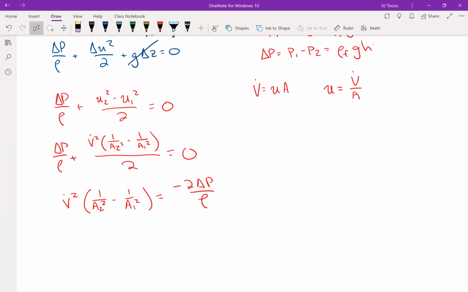Then I can take this whole term over to the other side and take the square root. So V dot is equal to the square root of minus 2 delta P over rho times 1 over this term.